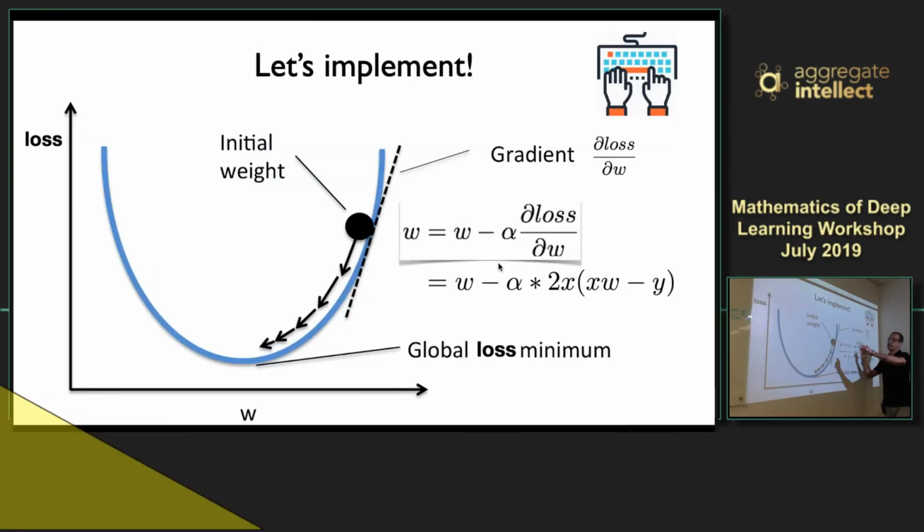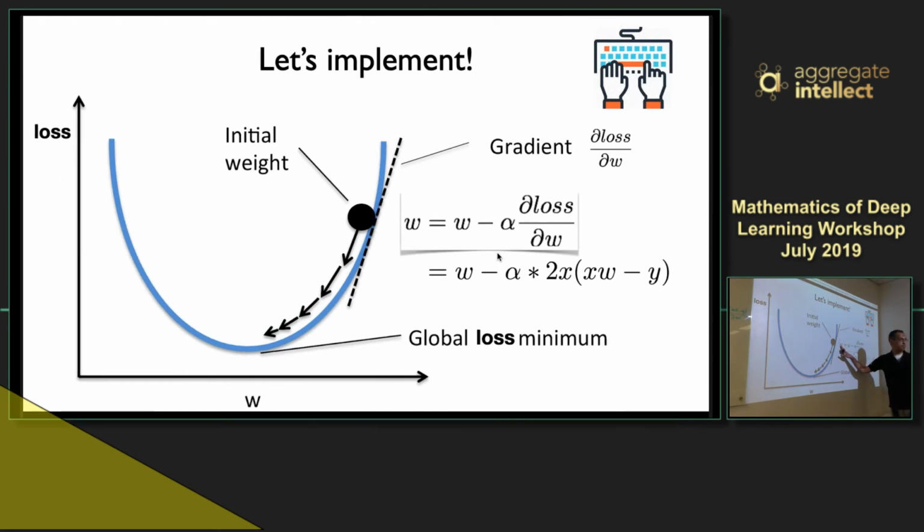So let's take this 2x times wx minus y. That is d loss by dw, right? And then we multiply it by the learning rate, and we subtract it from our parameter, and we update our parameter that way, and then we keep doing that.